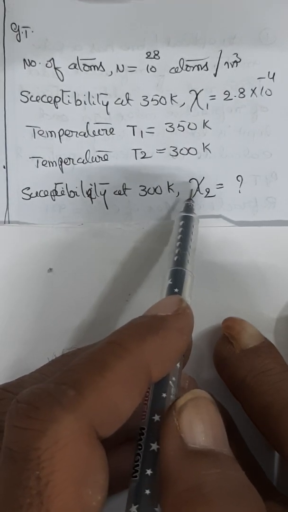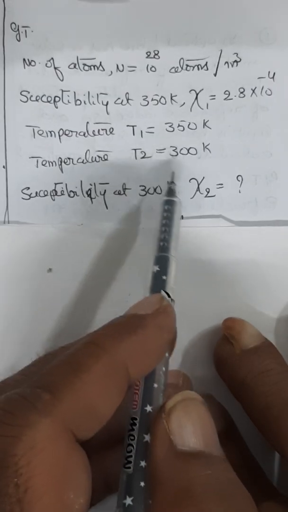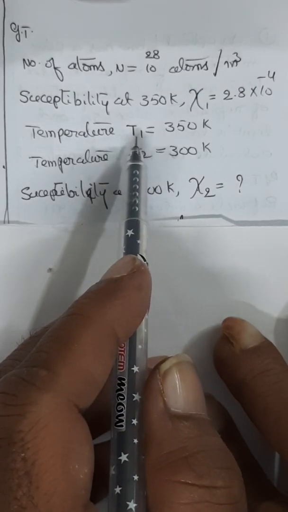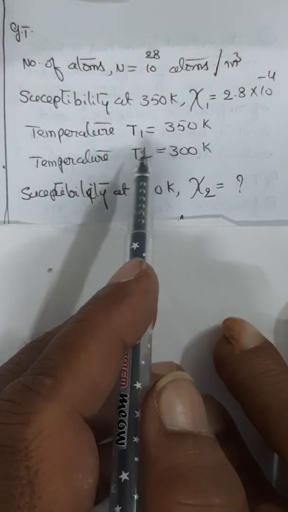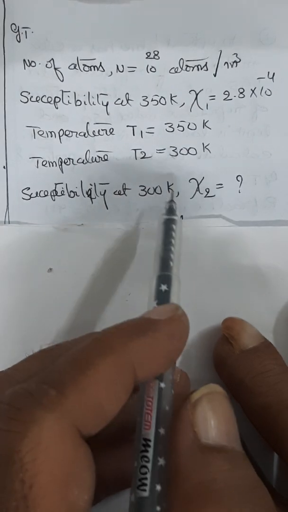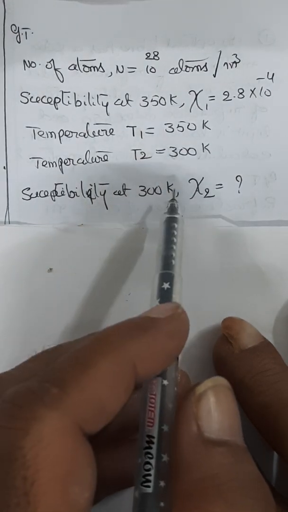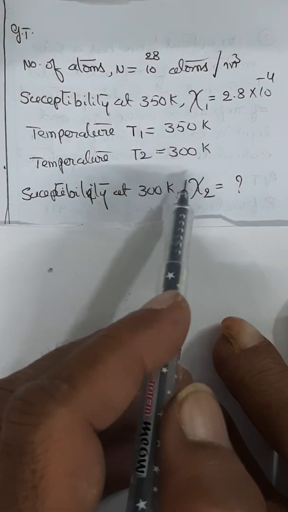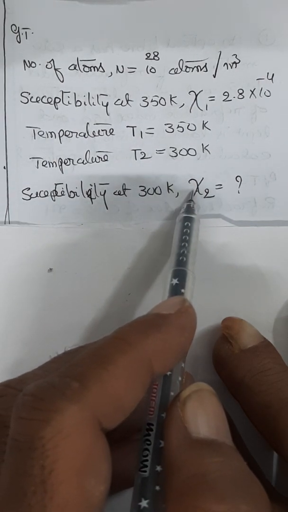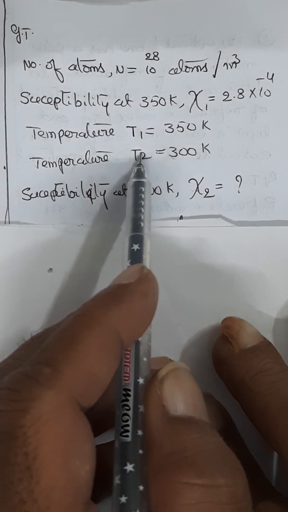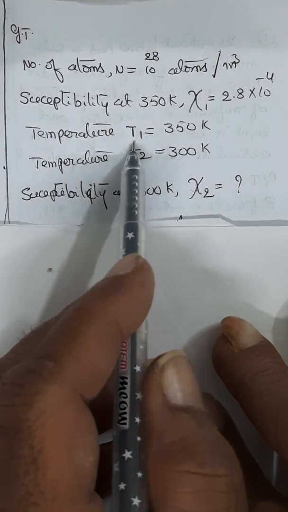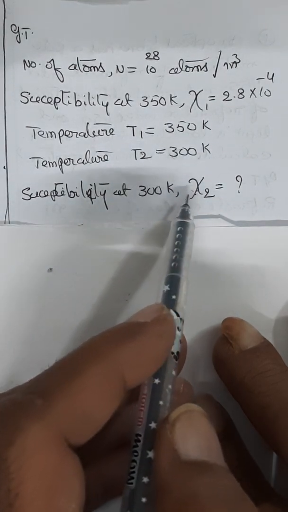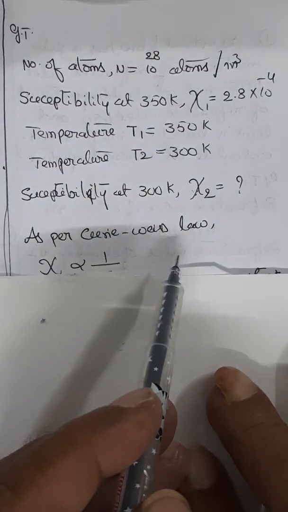So the relation that connects susceptibility and temperature, if you recollect, is nothing but the Curie-Weiss law. According to that law, susceptibility is inversely proportional to temperature. So that is what I am trying to use.